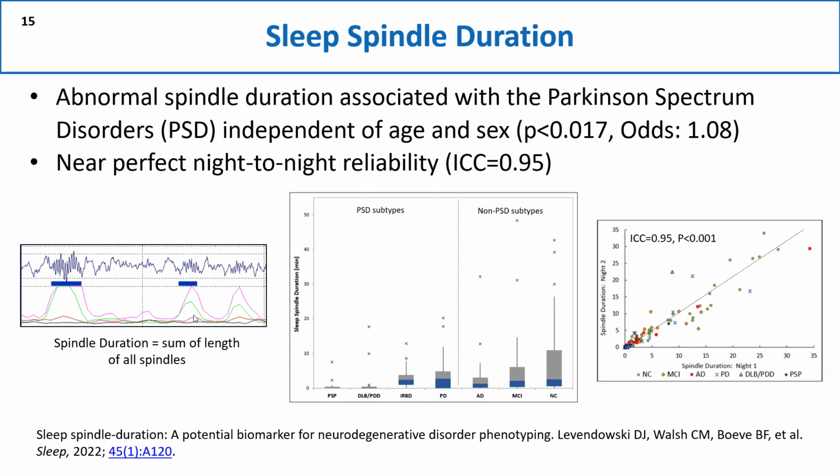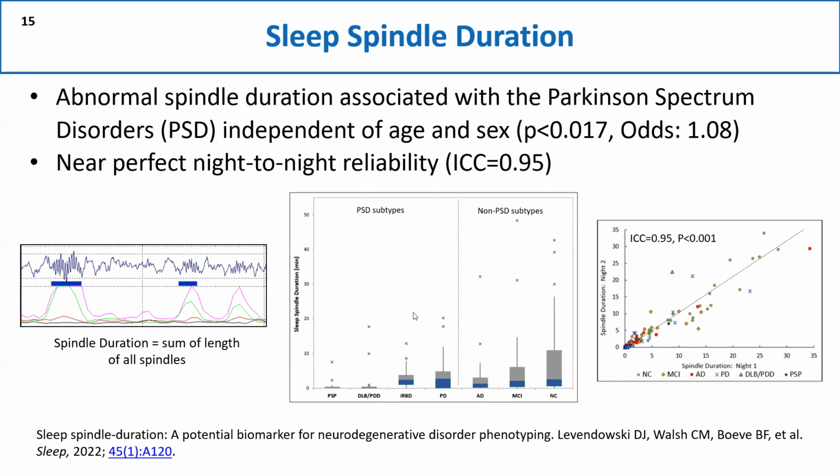We also put in thresholds to minimize the amount of beta power during the peak region, to avoid classifying spindles that are being influenced by certain medications, and we require a low threshold for the EMG power. So for spindle duration, we take the length of all these blue stripes over all of the periods during N2 and N3, and we sum them all up.